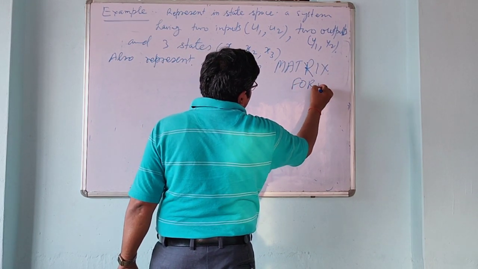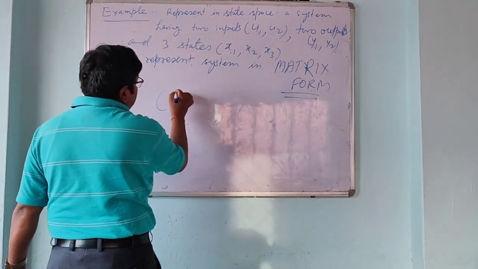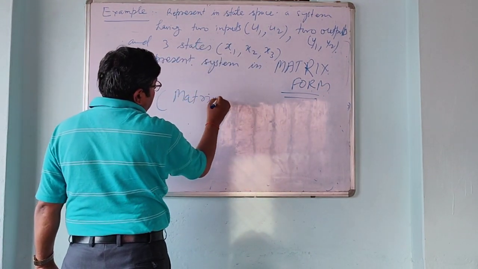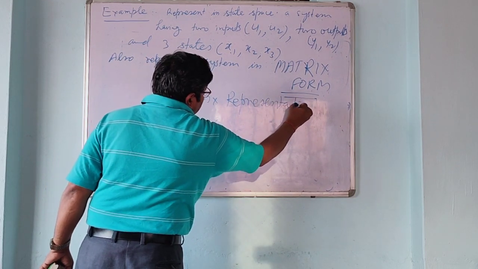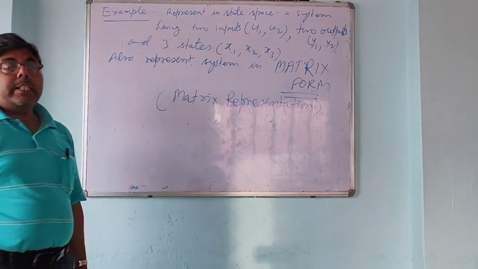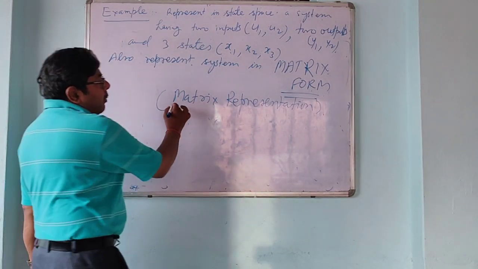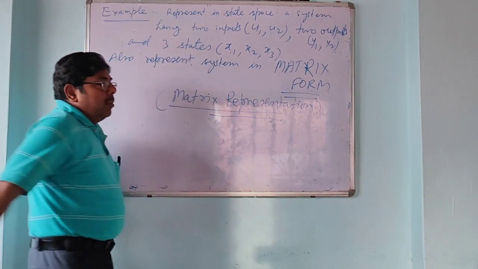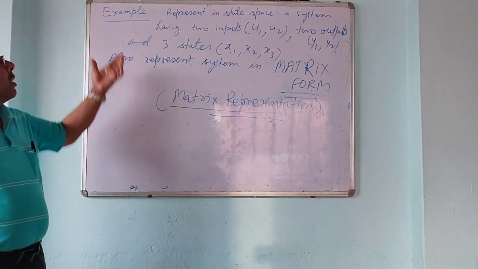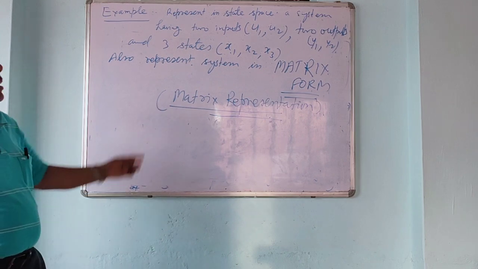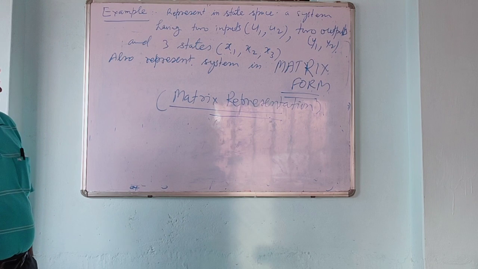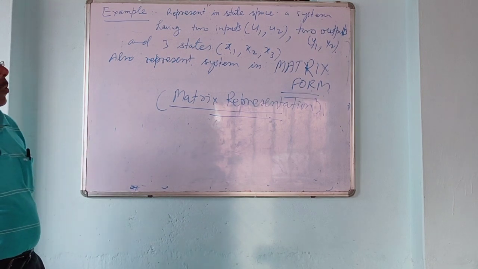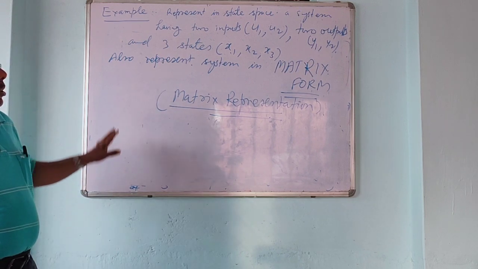Matrix representation is also important, since state variable analysis involves matrix representation. So now this is the statement of the problem: represent in state space a system having 2 inputs u1, u2, 2 outputs y1, y2 and 3 states x1, x2, x3. So this is the question.